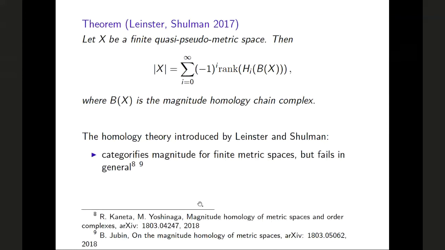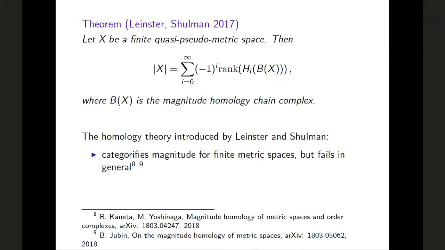And in both papers, it was shown that for convex subsets of Euclidean space, magnitude homology is trivial in degrees greater than 0. But the magnitude is actually known to capture many important invariants of convex subsets of Euclidean space, and so it can't be.